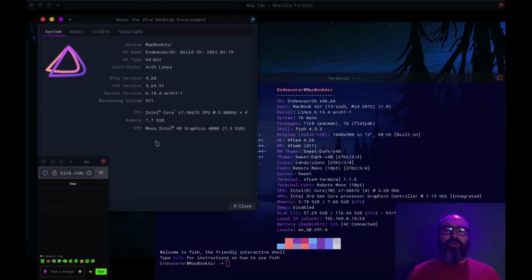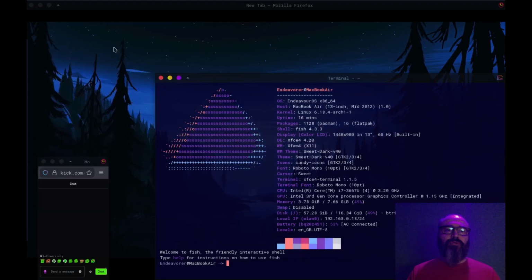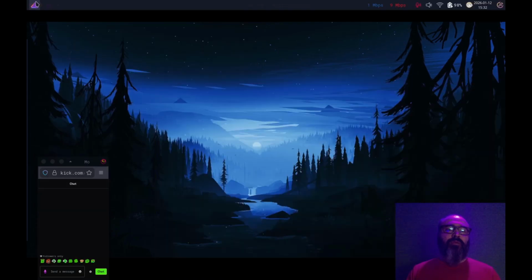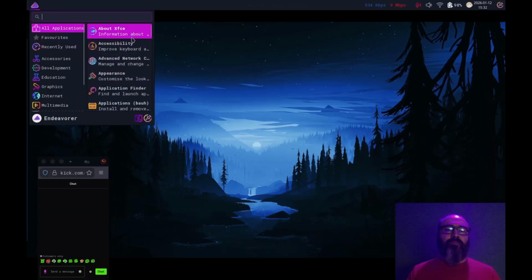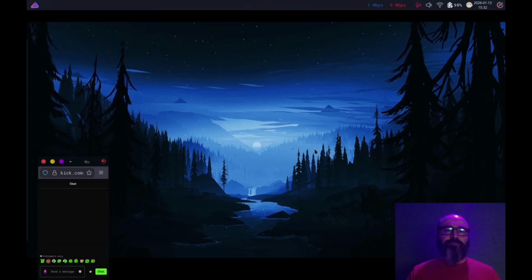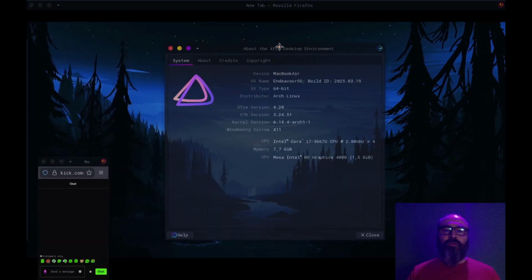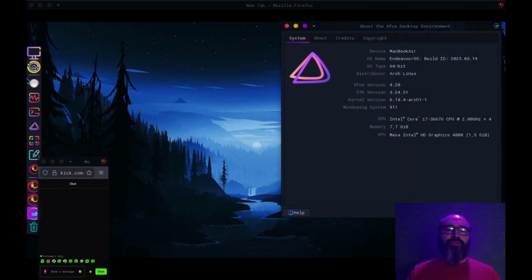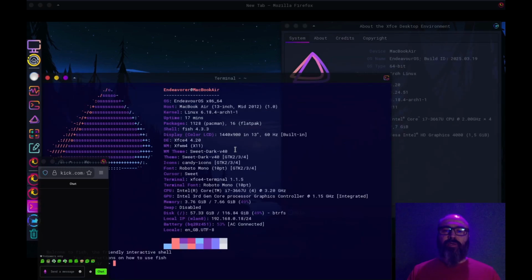Anyway, so anyone can take a look using these tools. I will repeat again: on the main menu of the system, About Xfce, okay, and then you can use the terminal to find even more detailed information about the system.